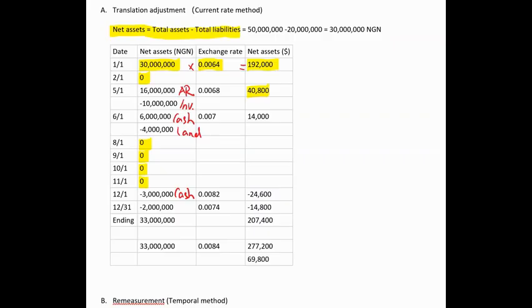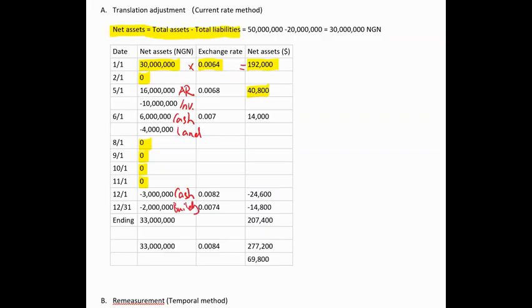And then on December 31st, they record depreciation for the entire year of 2 million. The journal entry is to debit depreciation expense and credit accumulated depreciation. That accumulated depreciation reduces the book value of the buildings, so that's going to reduce our net assets. So this is going to be the negative amount on the buildings.